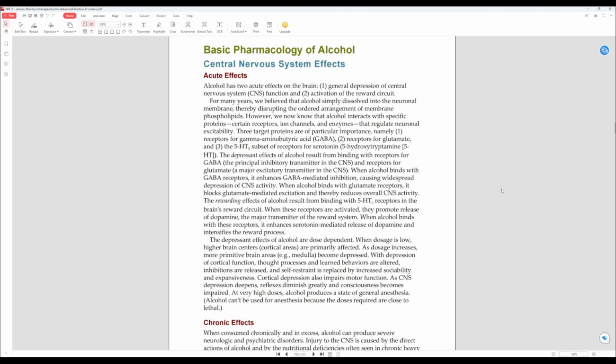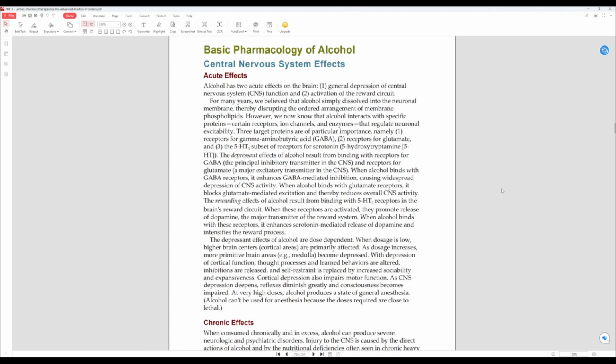Three target proteins are of particular importance, namely receptors for gamma-aminobutyric acid, so your GABA, receptors for glutamate, and the 5-HT3 subset of receptors for serotonin.